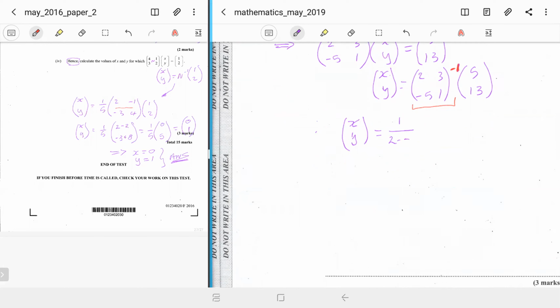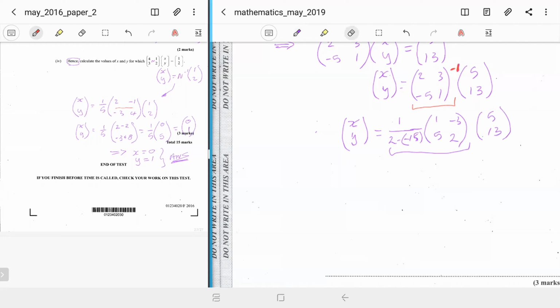I'm subtracting negative 15, so 2 minus negative 15. Multiply by the adjoint. How do we get the adjoint? Interchange the elements on the first diagonal: 1, 2. Leave these two where they are, change the sign: negative 3, 5. This is my inverse matrix, and I'm multiplying it by (5, 13).